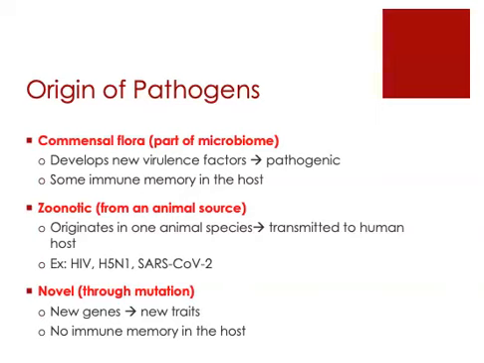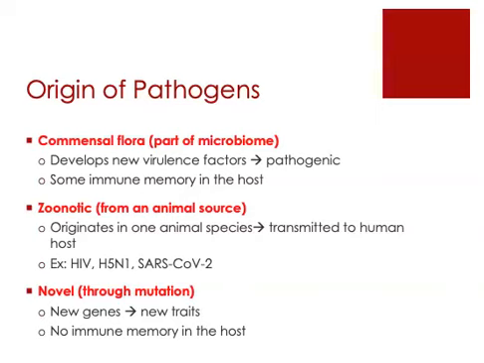The organism that is causing the current pandemic, the coronavirus, is believed to have zoonotic origins. It's believed to have arisen in a bat species and then undergone a mutation event that allows it to now infect human beings.